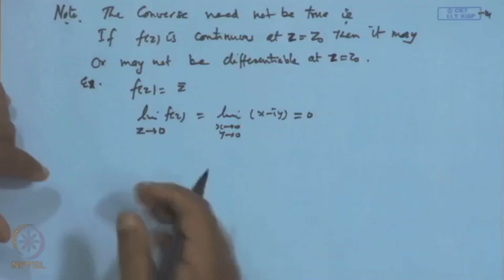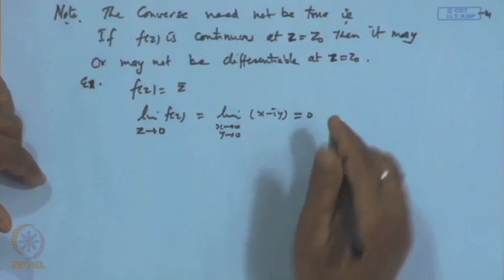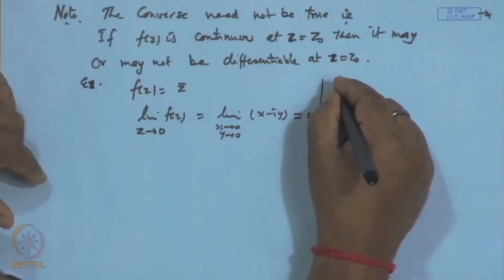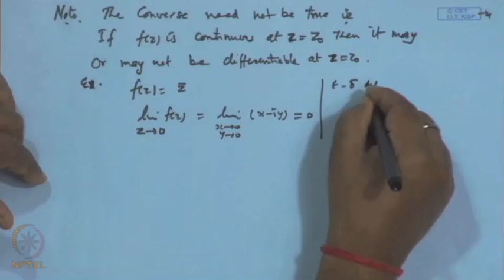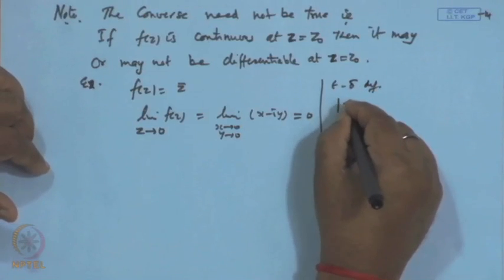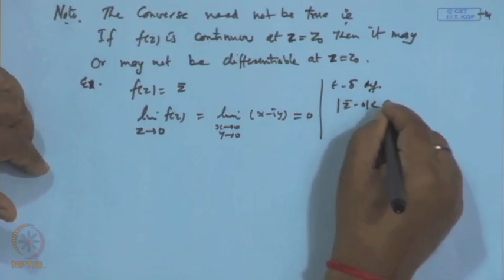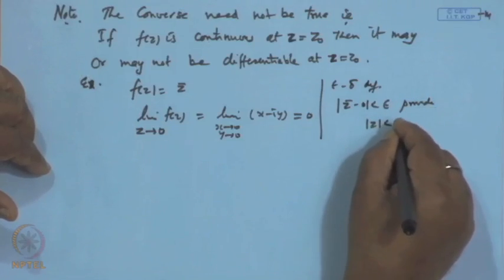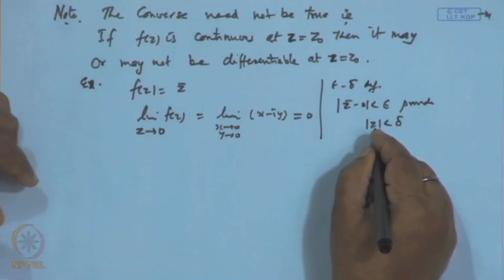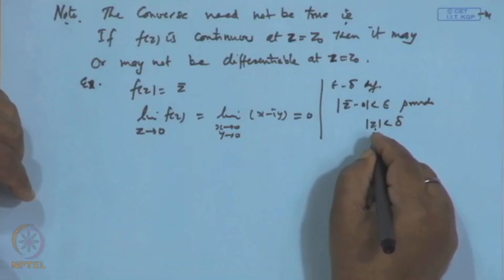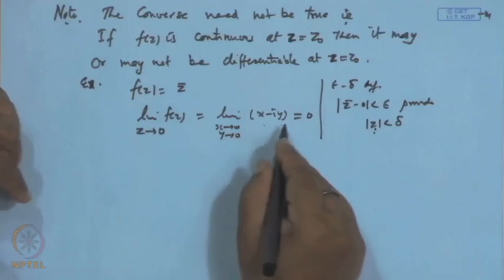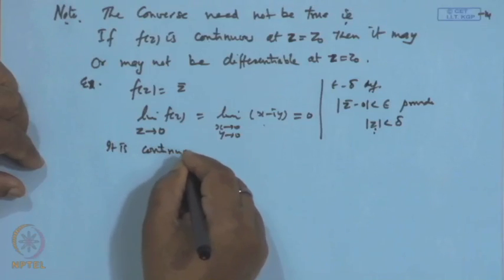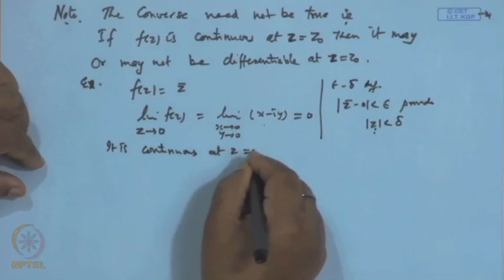And in fact, if I apply the epsilon-delta definition, the same thing will go: mod of z bar minus 0 can be made less than epsilon, provided mod of z is less than delta. Mod z means mod x and y tending to 0, so this will go to 0. So it is continuous at z equal to 0.